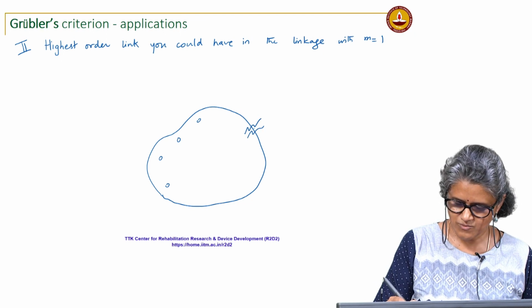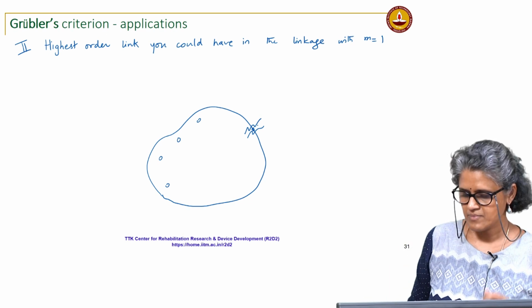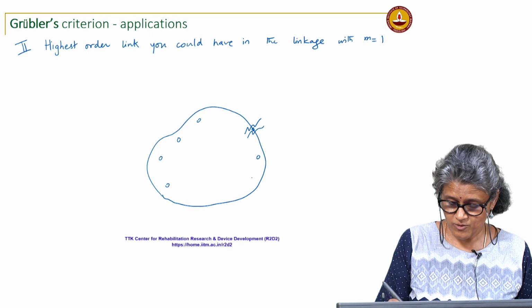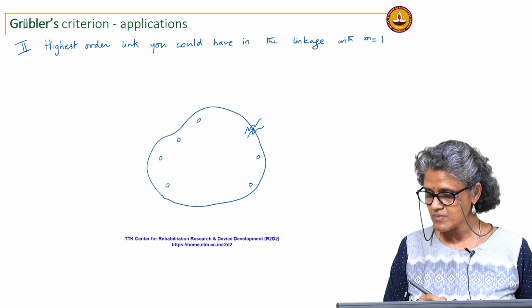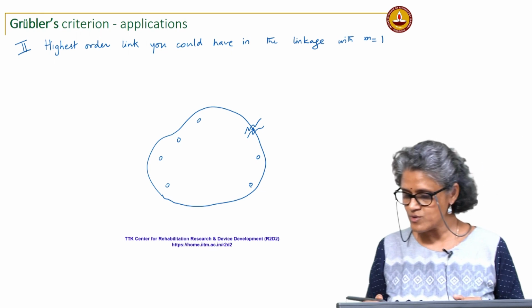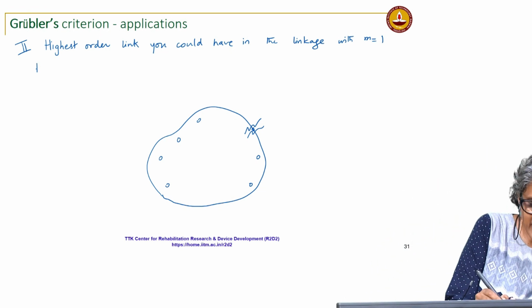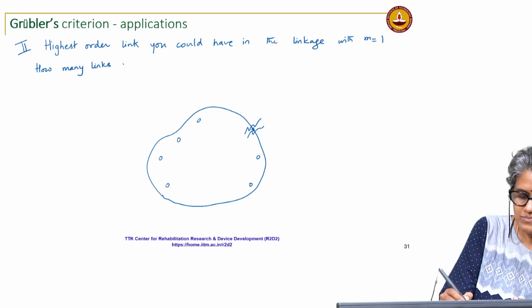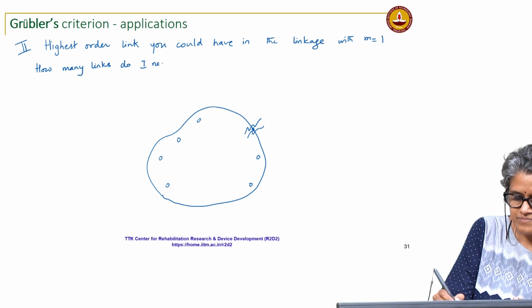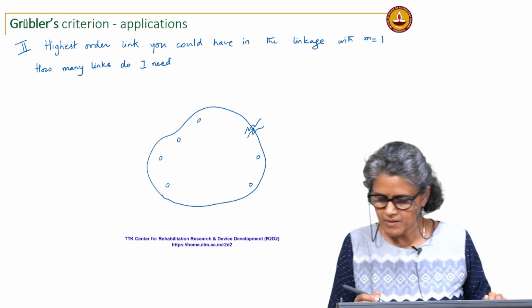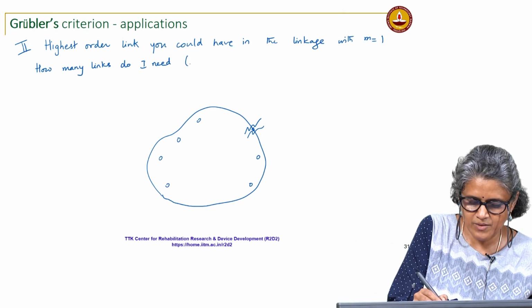This thing will not let me cut it there, erase part of it. So, I will just go with this. Okay. So, let us say I have a link with I nodes. So, I want to find out how many links do I need, minimum number.